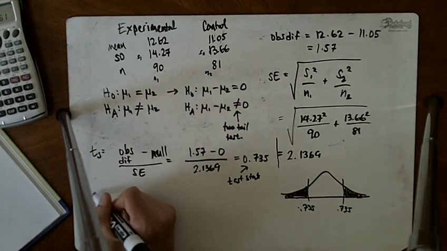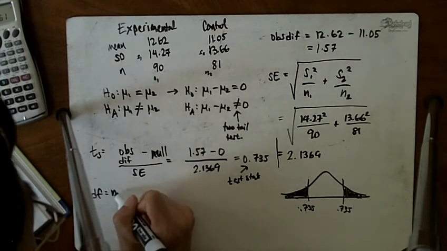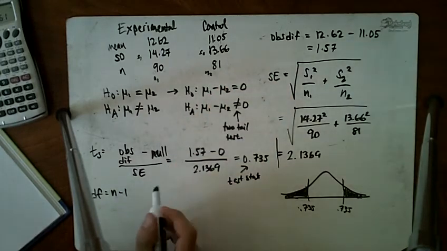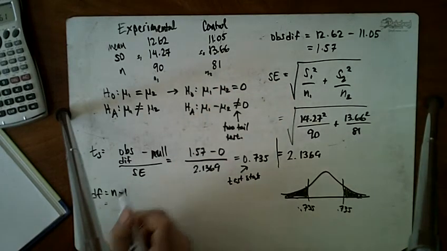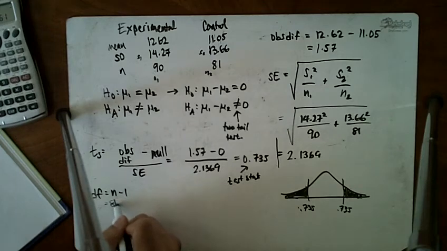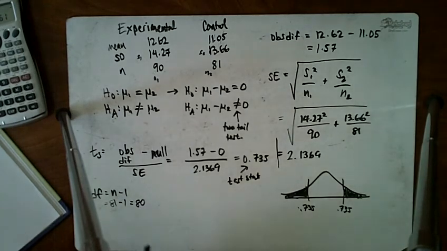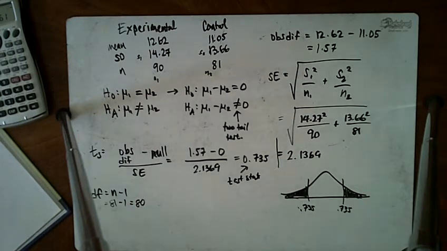So the degrees of freedom that I have would be n minus 1, for whichever smaller group I have. So in this case, the smaller group only had 81 people in it. I subtract 1 and I get 80 degrees of freedom, and I'm trying to see where 0.735 as my test statistic lines up.